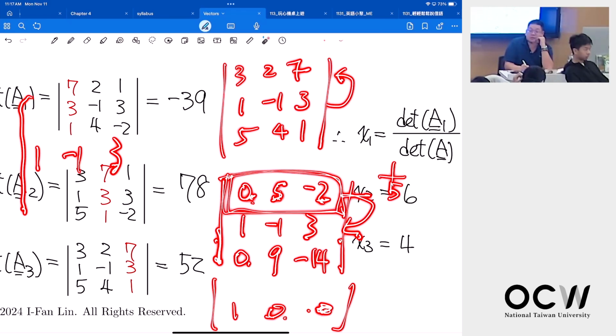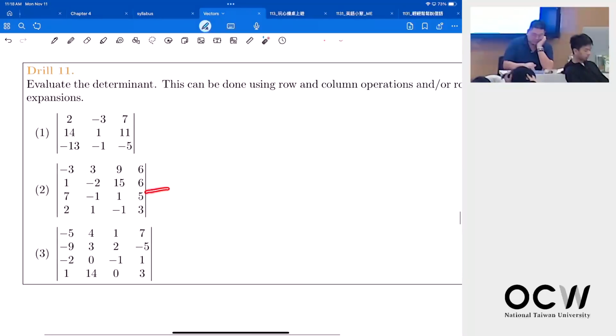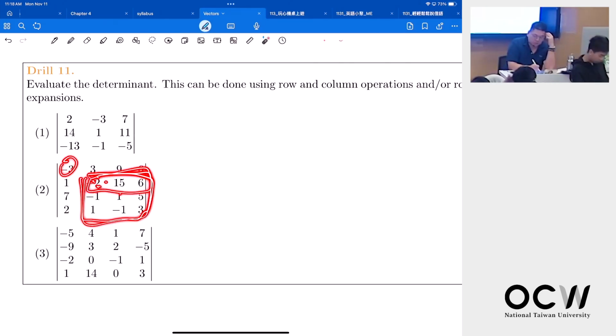Then you don't need to calculate every determinant, especially for 4 by 4, 5 by 5, you can choose the first row. Okay, this one is still 3 by 3, and for this 3 by 3, you need to also choose the first row and do that again.